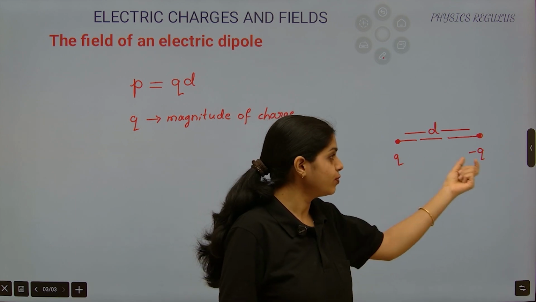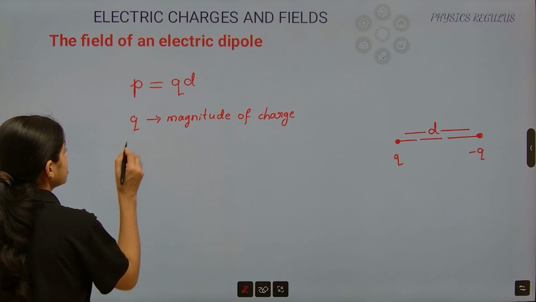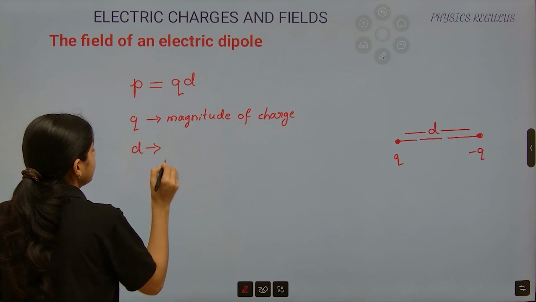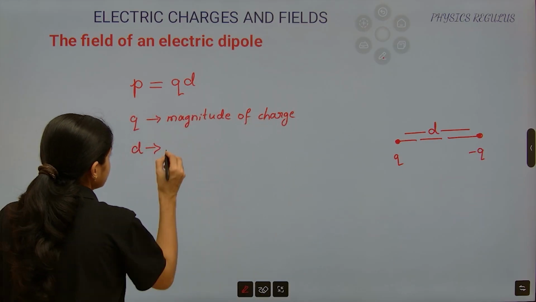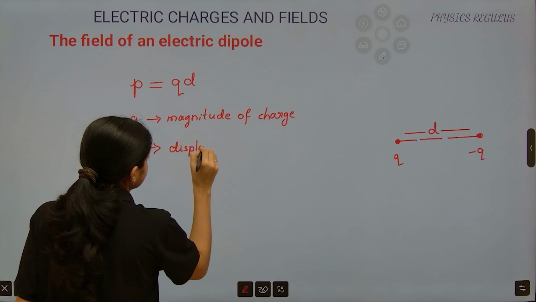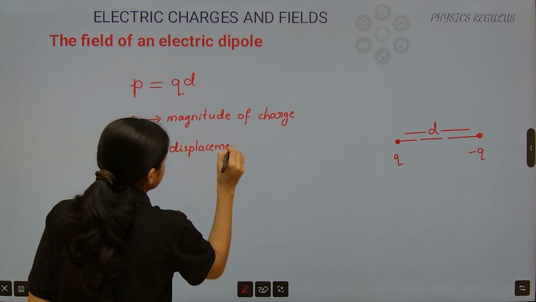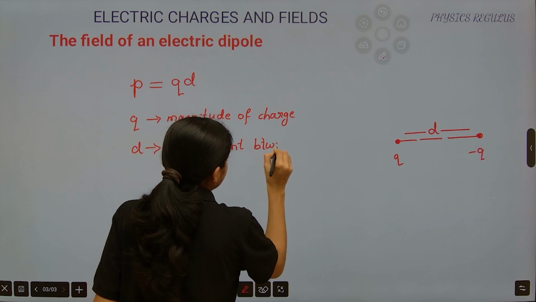Hence, the magnitude of the charges is equal. Q is the magnitude of charge and d is the separation between the two charges, or the displacement between the two charges.